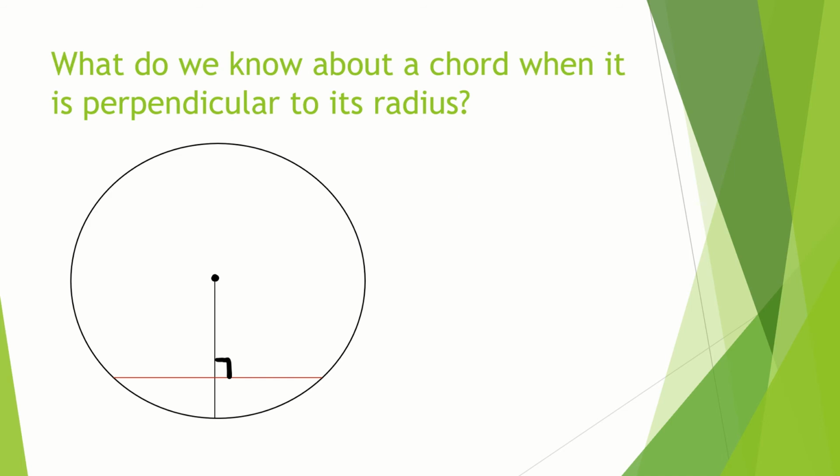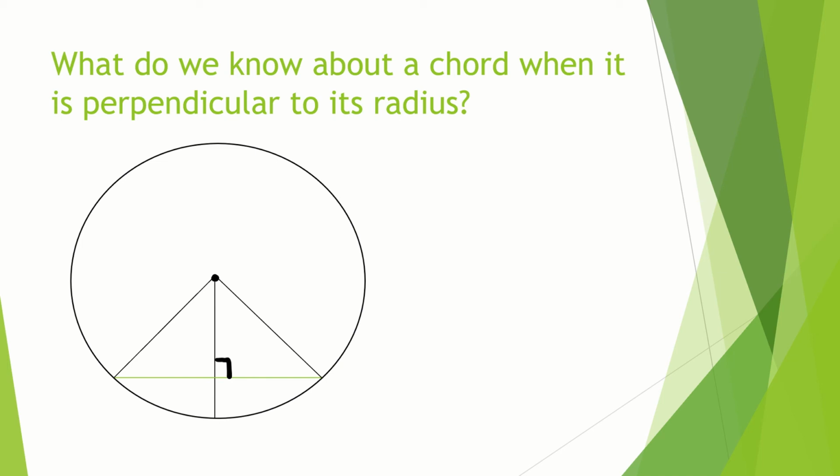So what do we know about a chord when it is perpendicular to its radius? Here I have drawn a radius of a circle from here to the circle, and here I have a chord drawn in red, and these two segments, the radius and the chord, are perpendicular. They're at a right angle. So if I draw these two radii right here, from the center to the two endpoints of the chord, then what I have are two triangles.